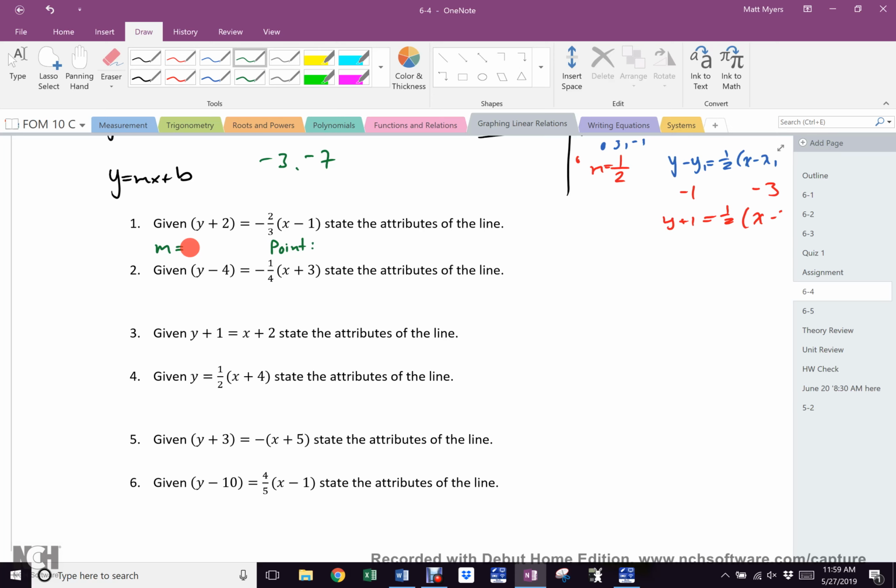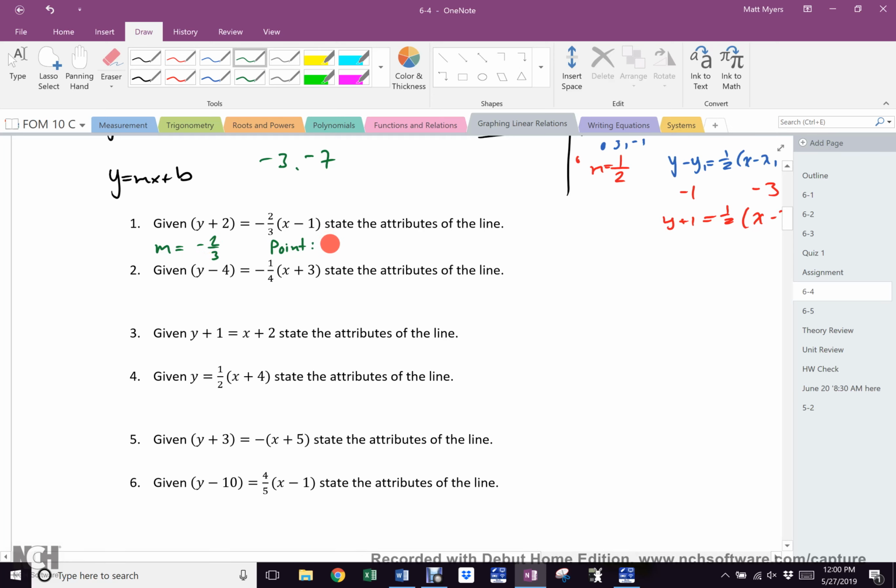All right. What is the slope in the first one? -2/3, which means if I know my point, how would I find the next point? What are my options? I can go up 2 and left 3, or down 2 and right 3.